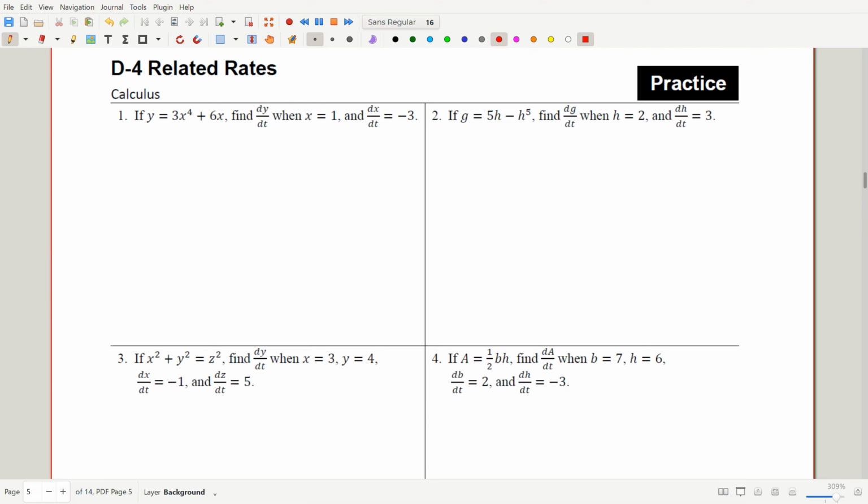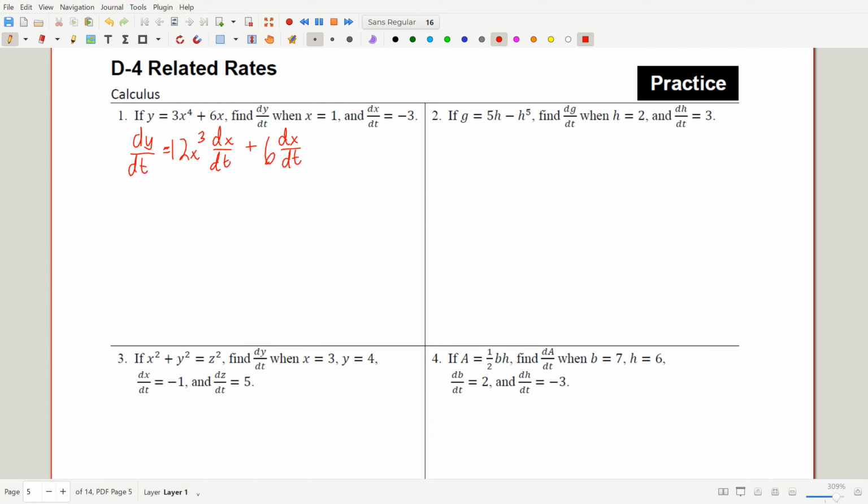So when you see something like y equals 3x to the fourth plus 6x in problem number 1, you're going to do dy/dt. When you take the derivative of y, it equals 12x cubed dx/dt plus 6 dx/dt. Everything is going to get chain ruled with a d, whatever your variable is, dt.